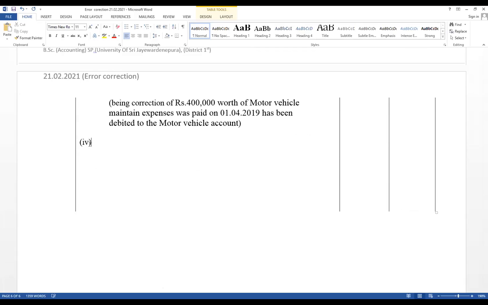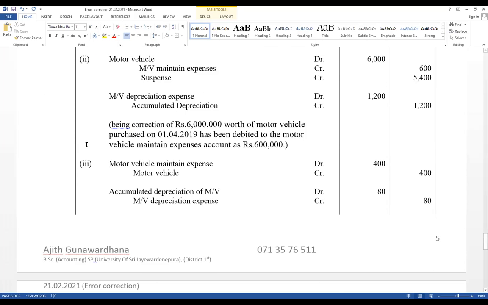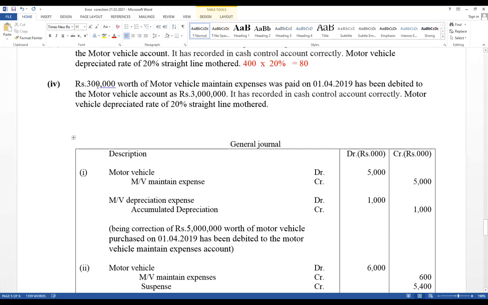The expense has been recorded as an asset. Therefore, maintenance expense account debit 300, suspense account debit 2,700, motor vehicle account credit 3,000.